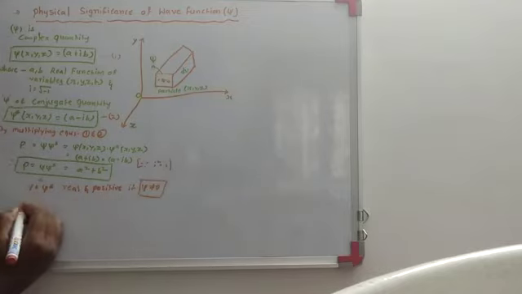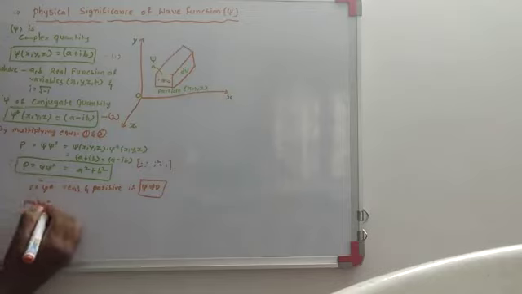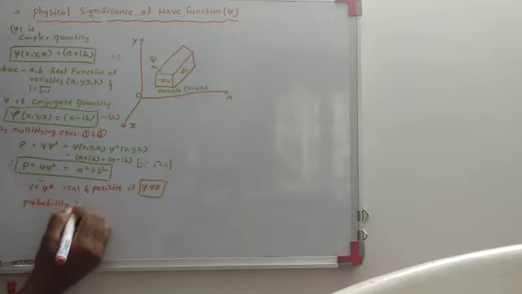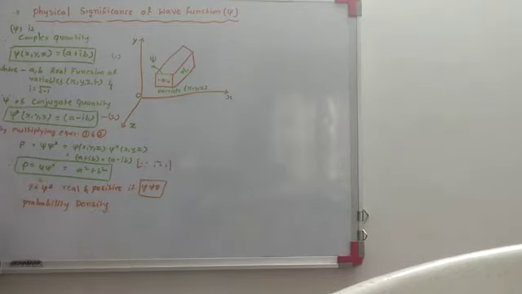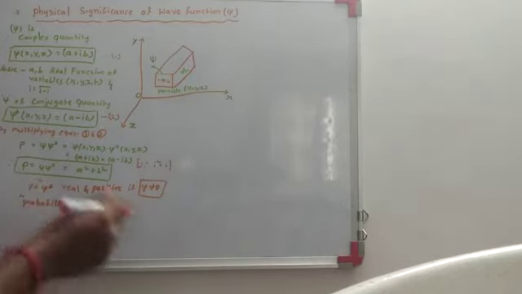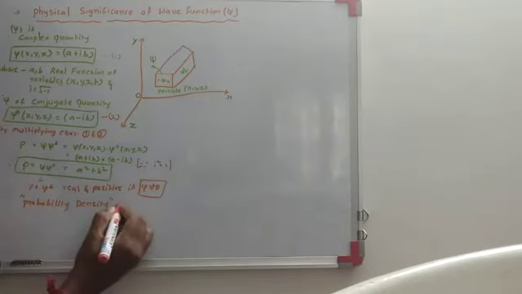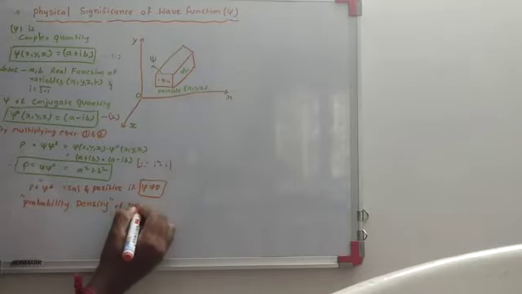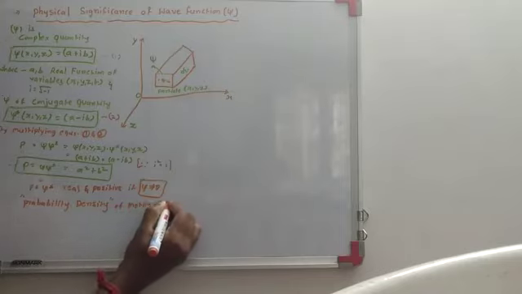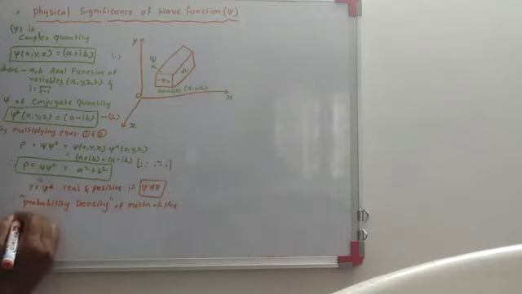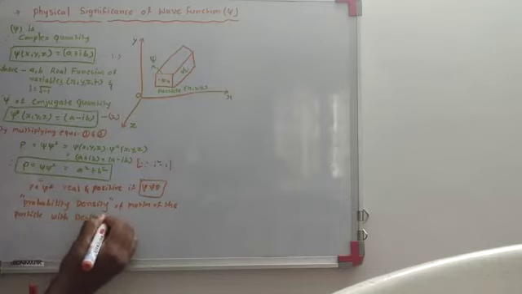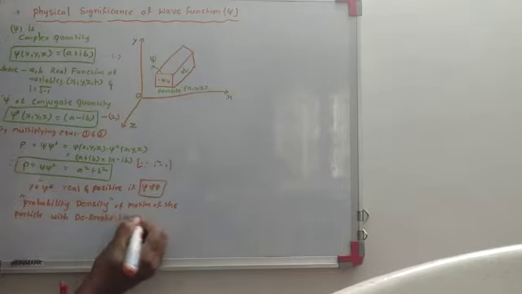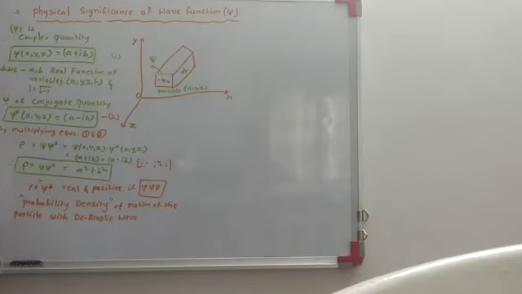This is known as the probability density of the motion of the particles with de Broglie wave.